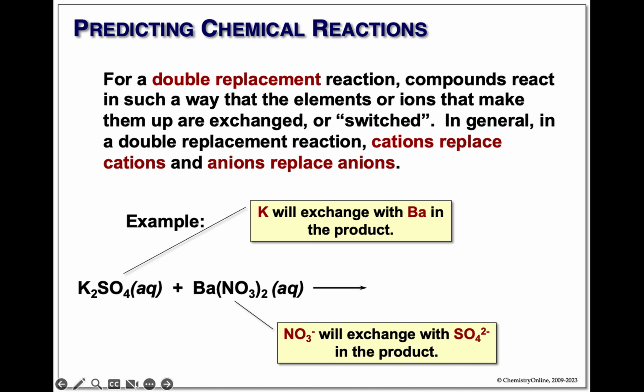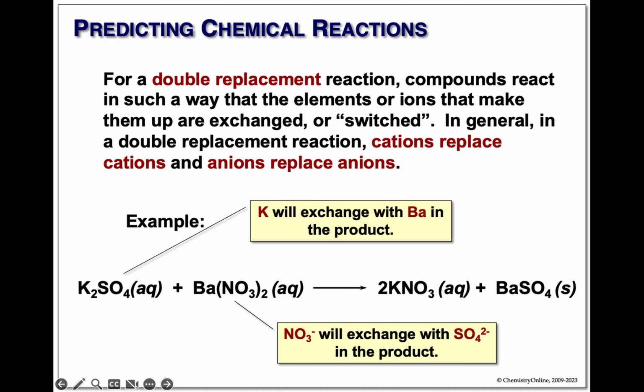We predict that barium sulfate will form. It will be insoluble and precipitate. The potassium nitrate we form will stay in solution. So we predict the products will look like this. Simply swap the ions, and one guy is insoluble.